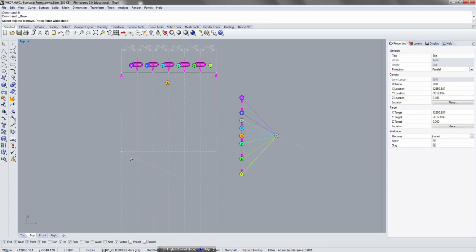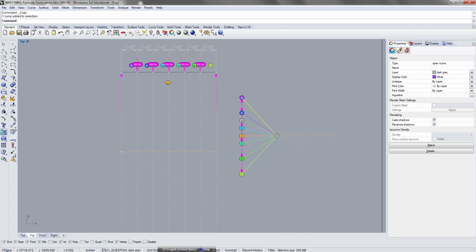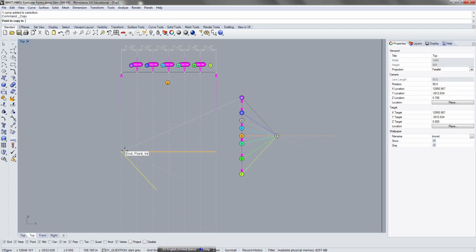And we know that line and that line is correct. But now we're going to start mapping these back onto the fourth polygon.